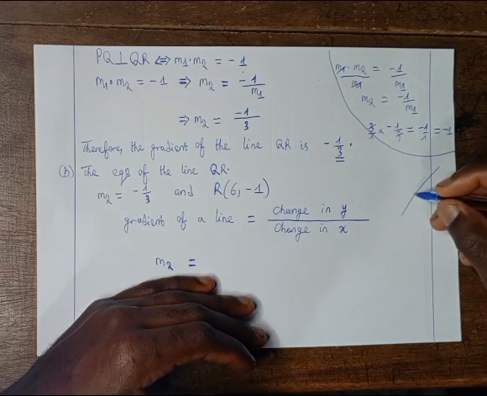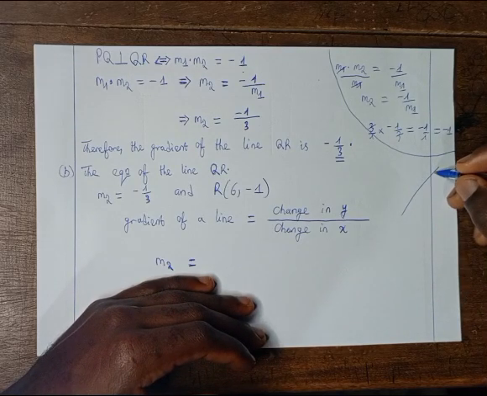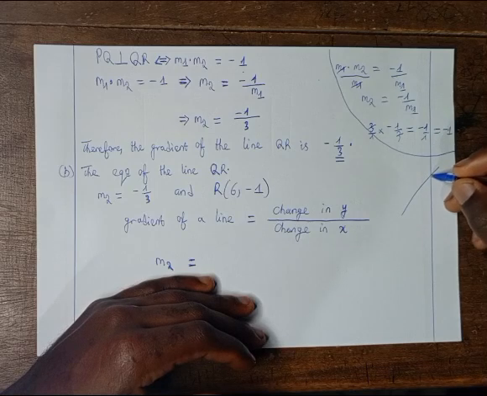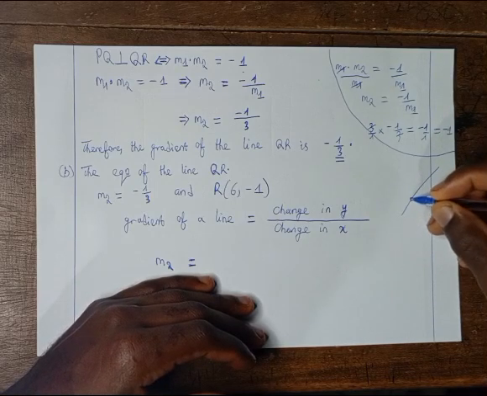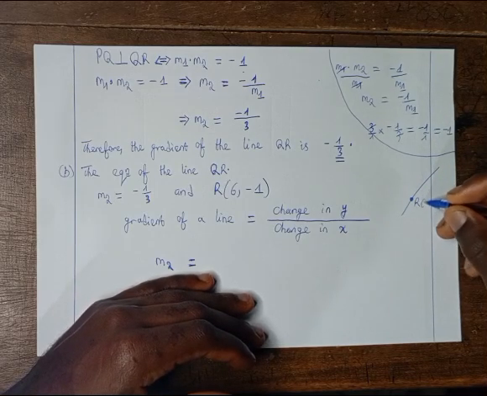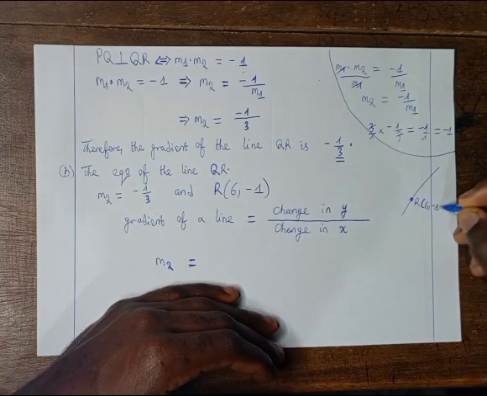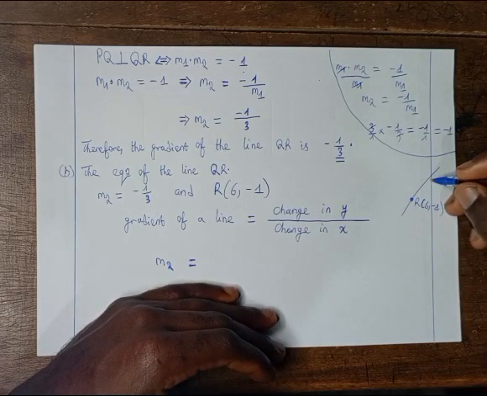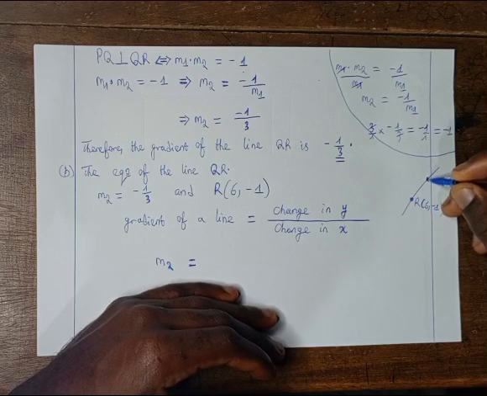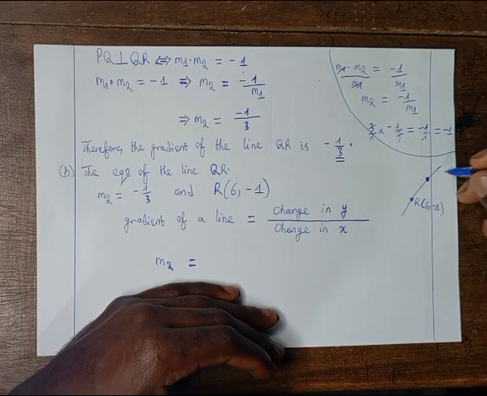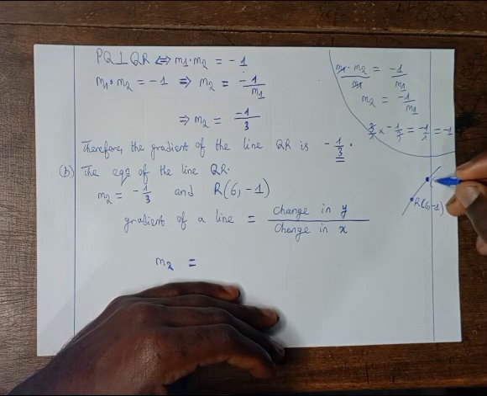This is our point R, which has the coordinates 6, -1. Then we take an arbitrary point on that line, which has the coordinates x, y.